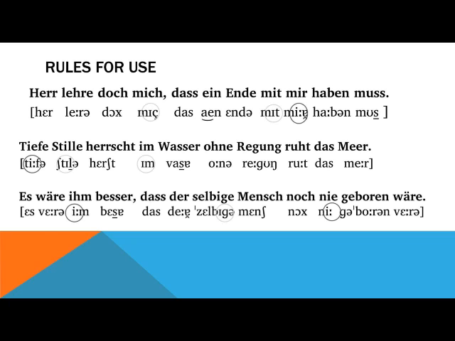So take a moment to identify where we see the closed E. And we see 4 examples. I think you'll see similar spelling patterns as with the closed I. On the first line we have lehre, and we have a written E followed by an H. On the second line we have Regung, which is a written E followed by a single consonant.